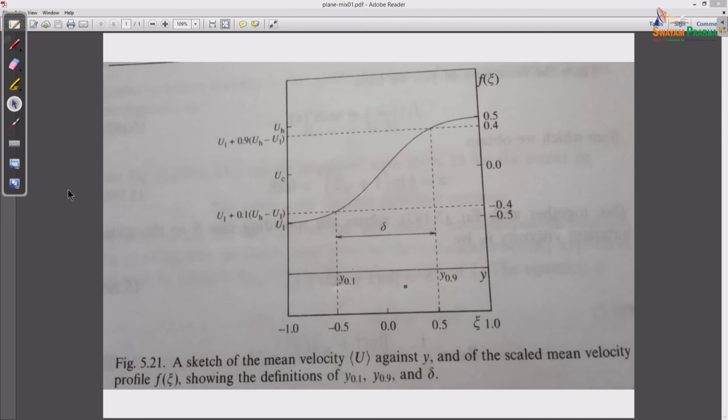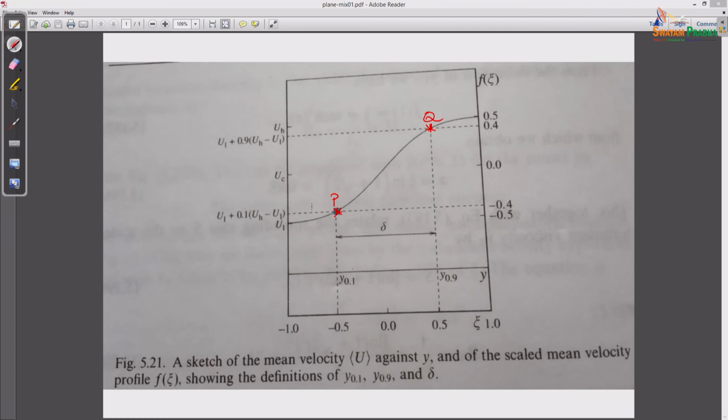Let's just say this point here, let's call that P, and let's call this another point. Why am I drawing this here? Because there is a change in slope at these two locations, and you can sort of see that.